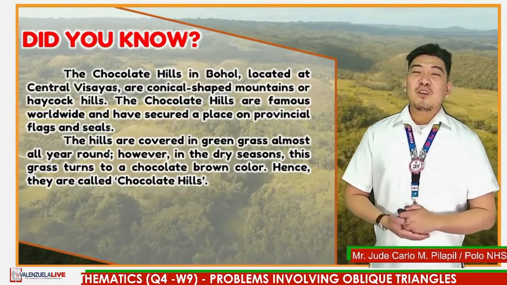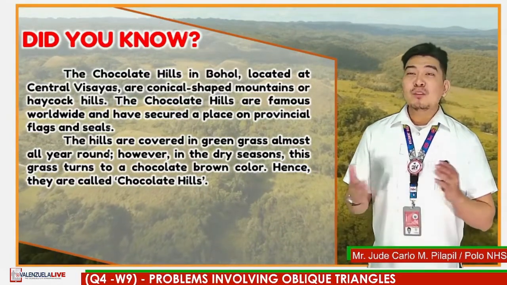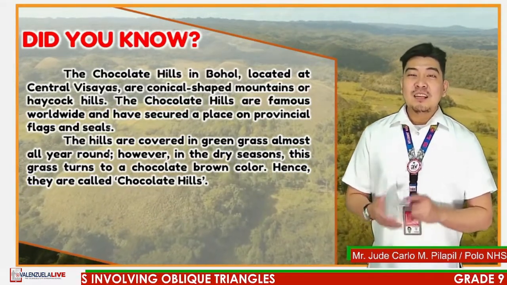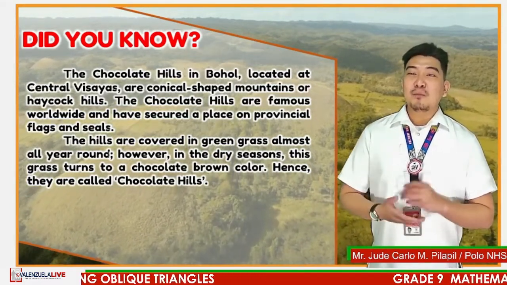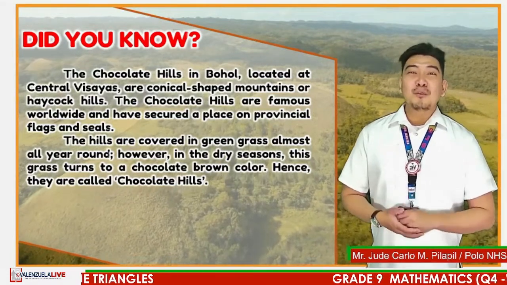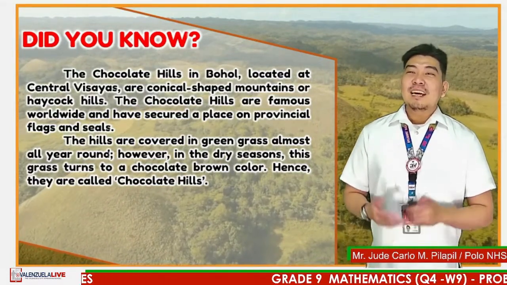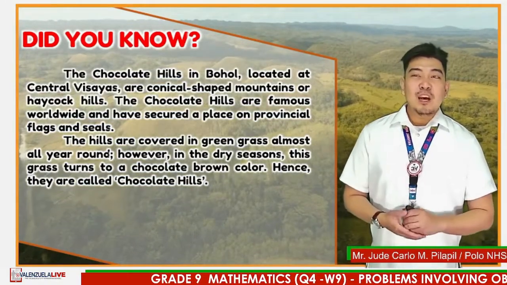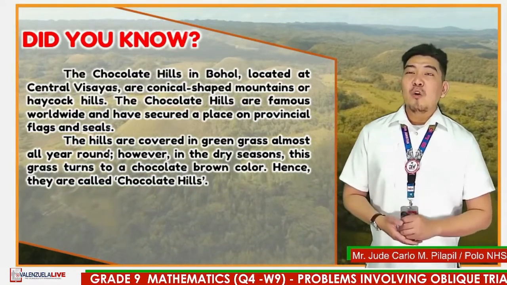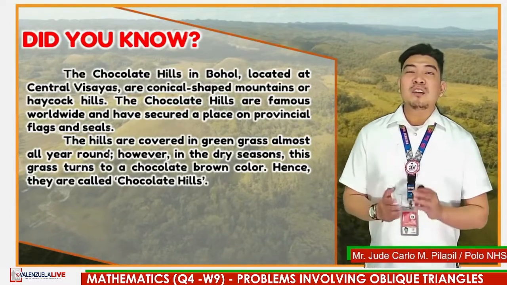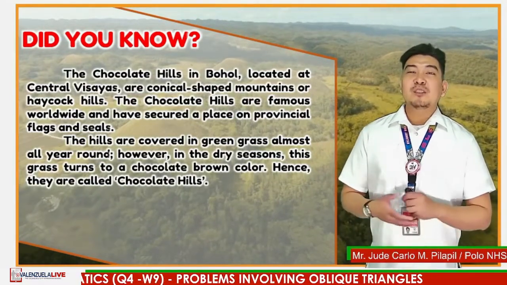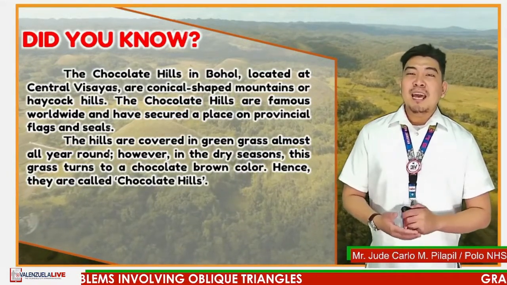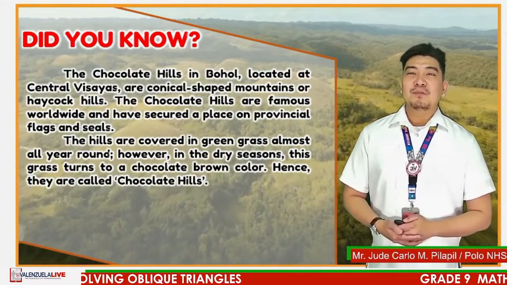The hills are covered in green grass almost all year round. However, in the dry seasons, this grass turns to a chocolate brown color, hence they are called chocolate hills. The height of the hills ranges from 120 feet to 420 feet, or approximately 30 to 140 meters, and they are spread across the towns of Sagbayan, Carmen, and Batuan in Bohol.